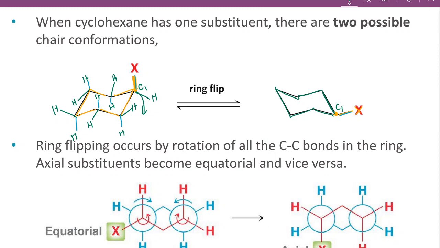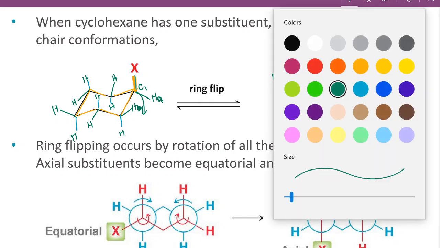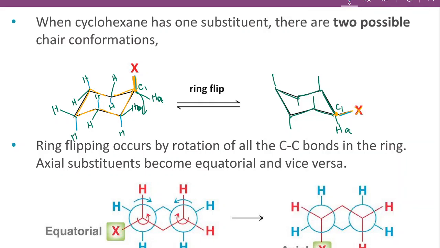Let's just call this hydrogen HA. So now HA is axial down. Axial down, axial up, axial down, axial up, axial down, axial up, and the equatorial ones are now up, down, up, down, up, down.